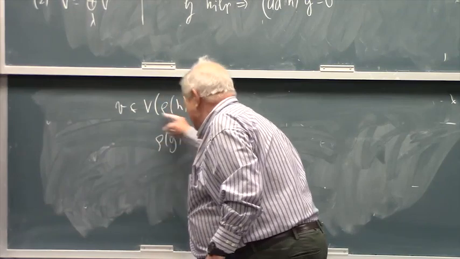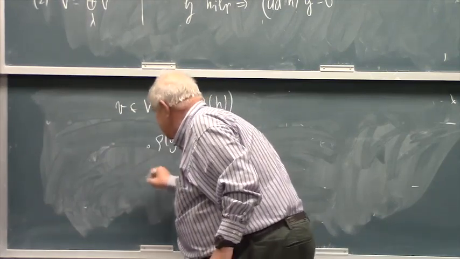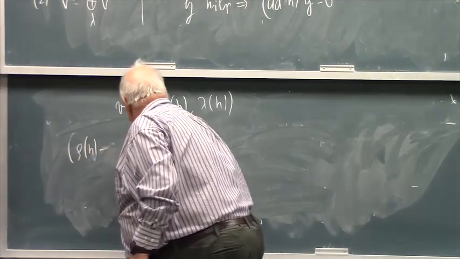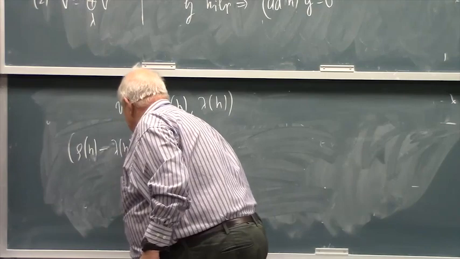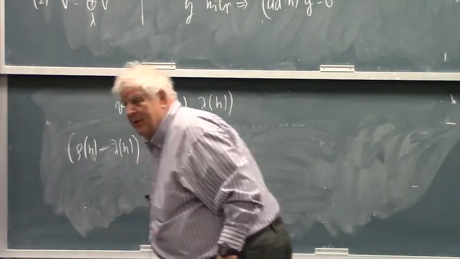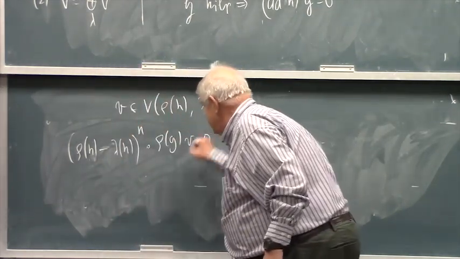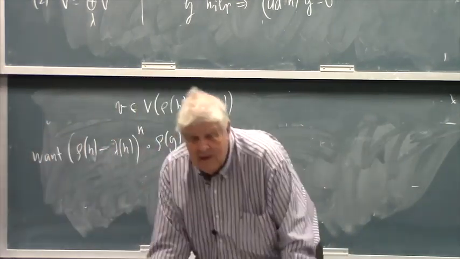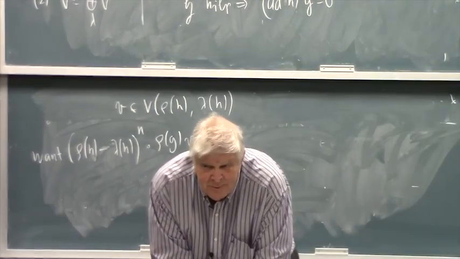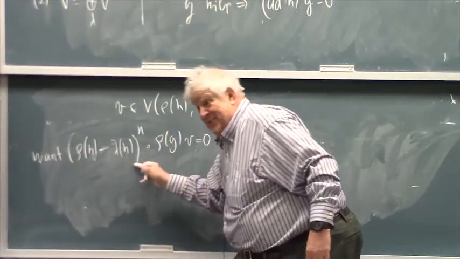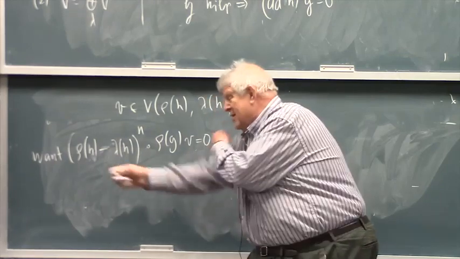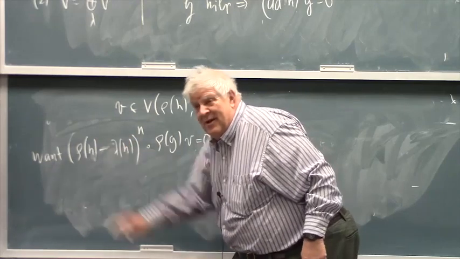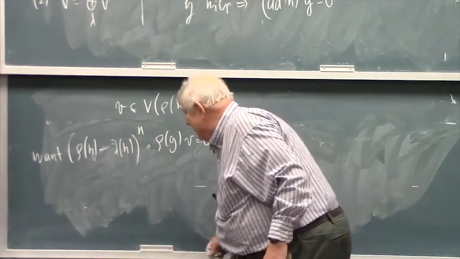And I want to prove that again here. So I want to prove that if I combine this with rho of H minus lambda of H to some reasonable power, this will be 0. So this is what I want to prove. Now, certainly it will be more convenient to apply this first. For this purpose, I take this rho of G, and I want to take it through everything. Look.